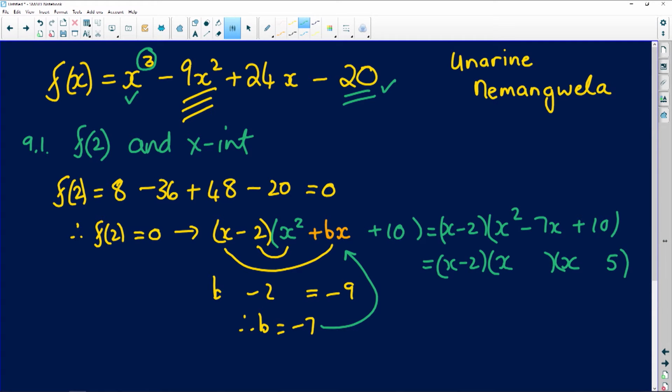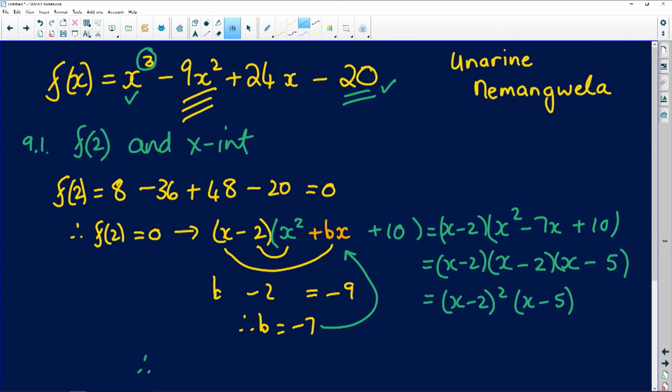Hopefully, a 5 times 2 gives me 10, and a minus 5 minus a 2 gives me a minus 7. And look at what happened here again. I have x minus 2 squared times x minus 5. So this is again a root of multiplicity 2. In other words, it's an x-intercept as well as a turning point of the graph.